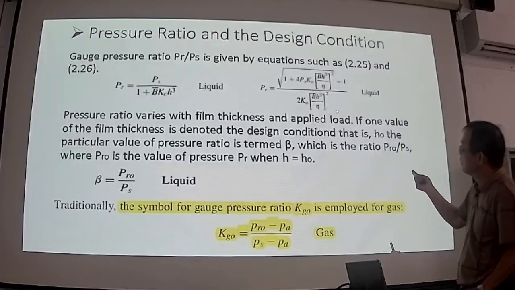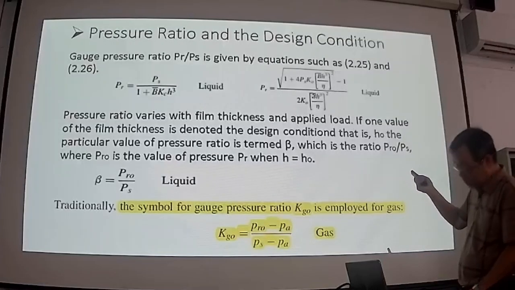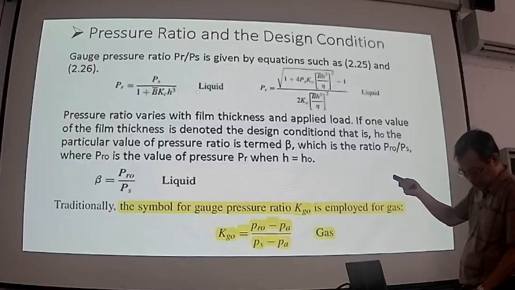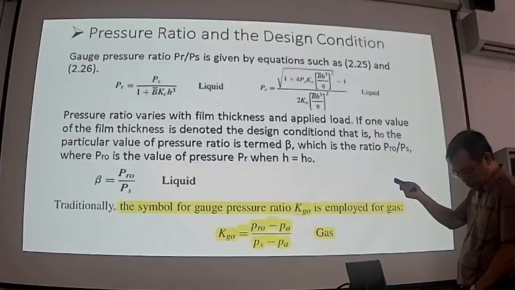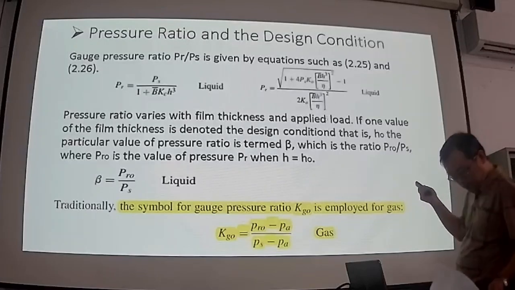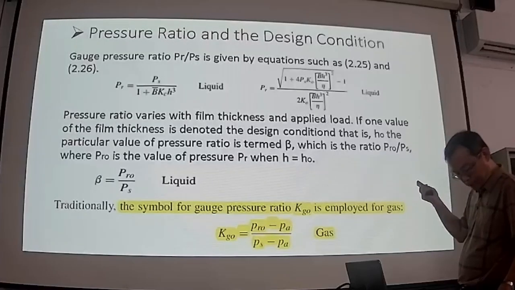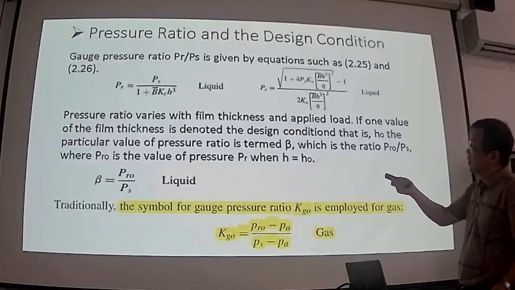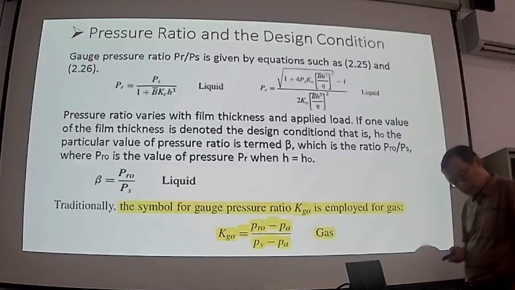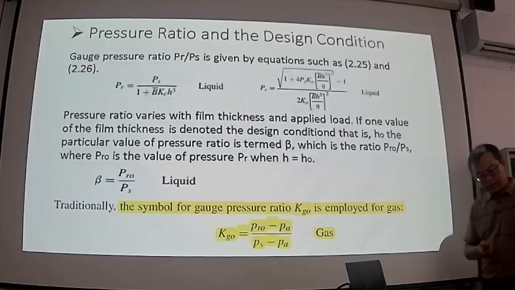So this is actually the formula on page 37, equation 2.25a. Maybe this one is 2.26. Okay, this is orifice, and this is the capillary restriction.